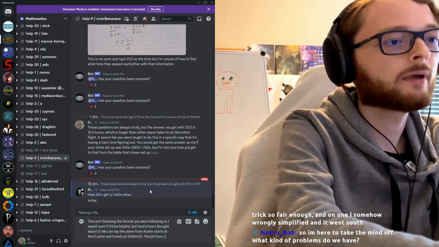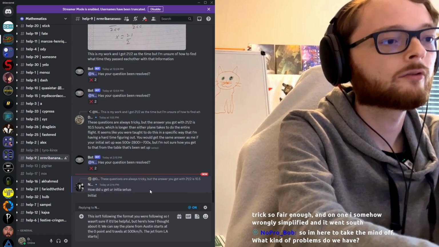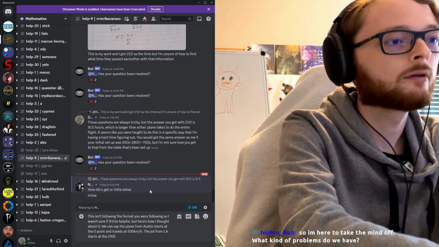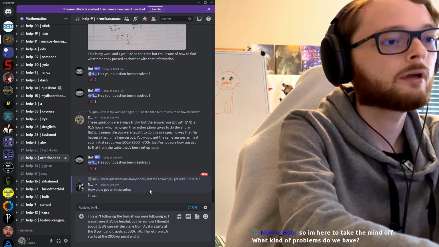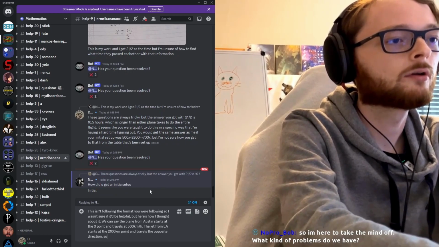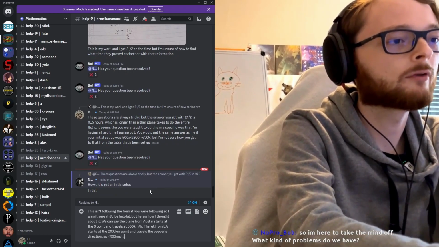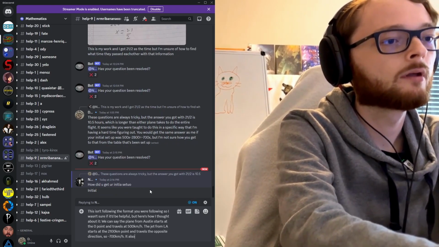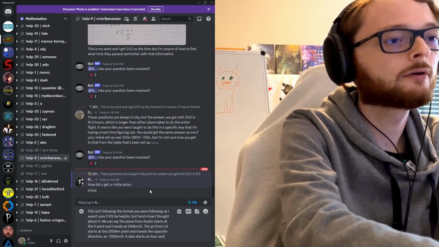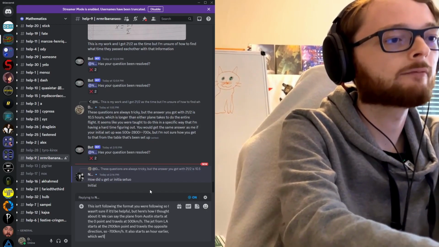The jet from LA starts at the 2100 km point and travels the opposite direction, so minus 700 kilometers per hour. It also starts an hour earlier, which we'll have to compensate for.